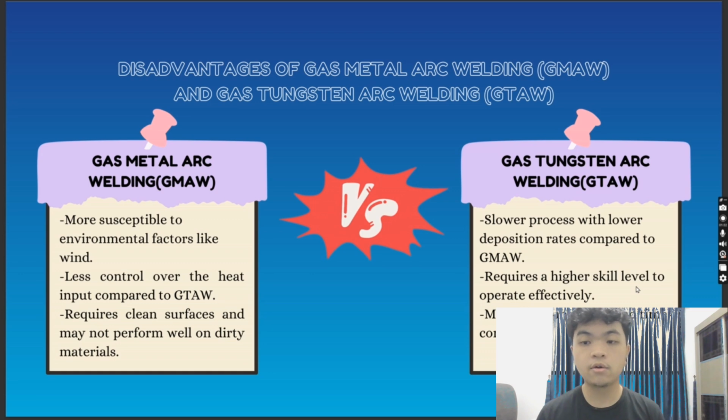The disadvantages of GTAW: it is a slower process with lower deposition rates compared to GMAW, and it requires a higher skill level to operate effectively. And lastly, it is more labor intensive and time consuming.